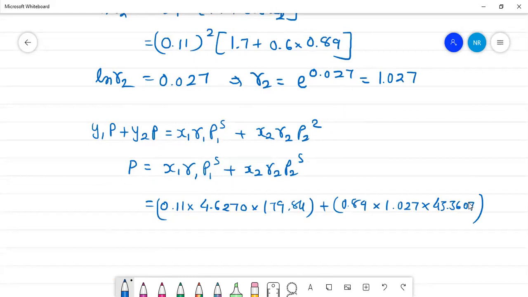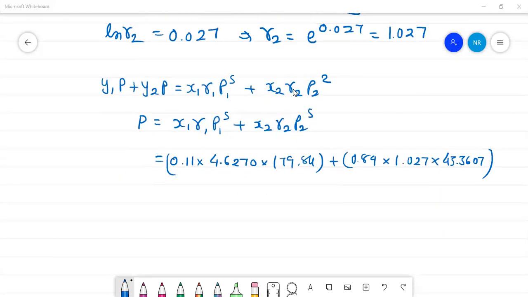So what will be the total pressure? Can you tell me the answer in the chat box? 80.23.